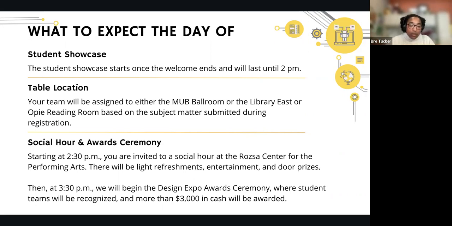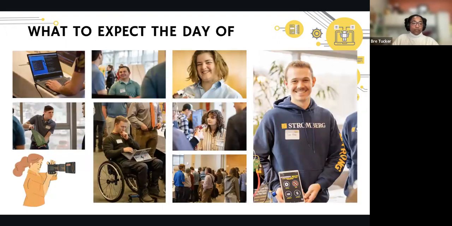Eat some light refreshments, have some entertainment, and we'll have door prizes as well. Then at 3:30, we'll begin the final piece of Design Expo with the award ceremony, where we will recognize our student teams and award over $3,000 in cash prizes.